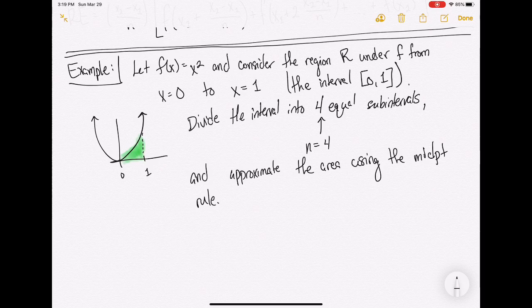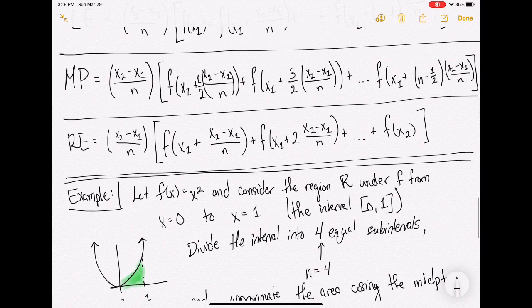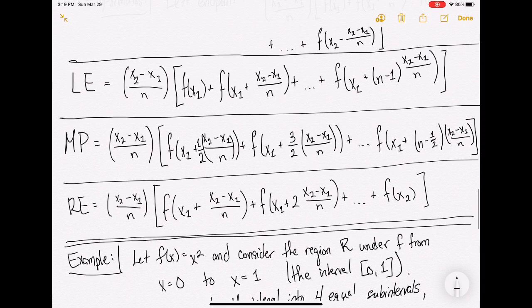So we're going to divide the interval into 4 equal subintervals, and that told us n, and the midpoint rule tells us we're using our middle formula here.